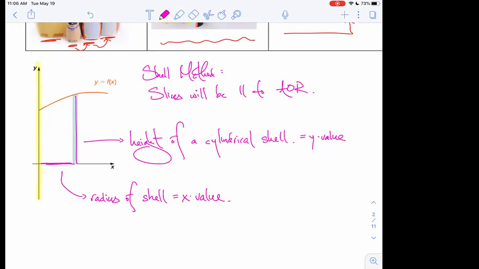Okay. So the lines that we draw are the height of the shell, and we don't usually draw in the radius part. We only draw the lines that are parallel, and those stand for the height of the shell.